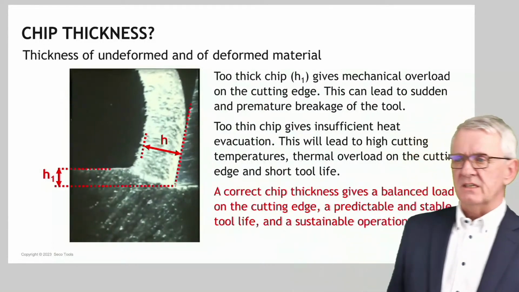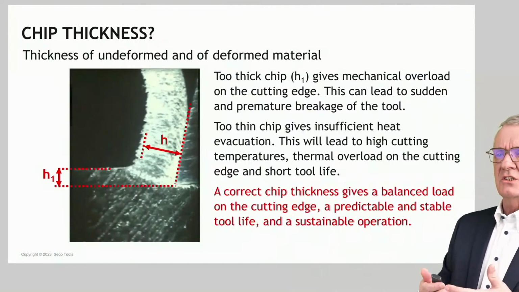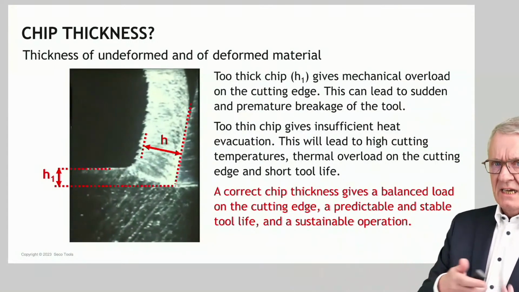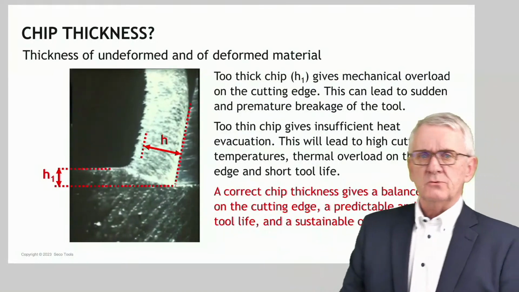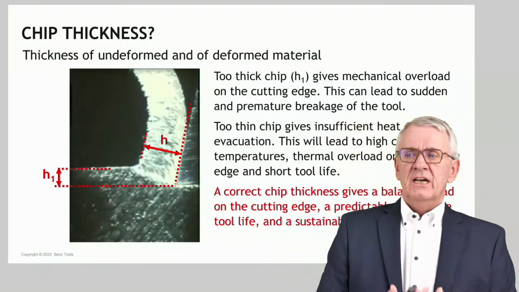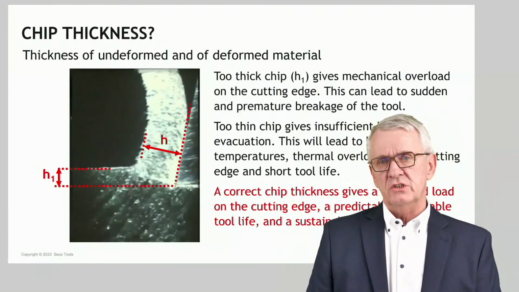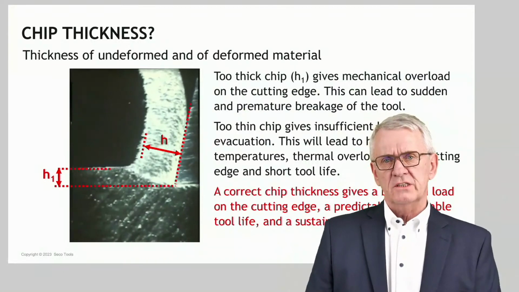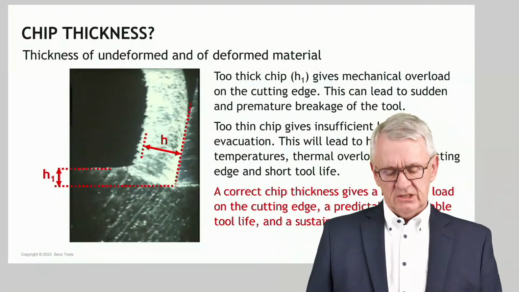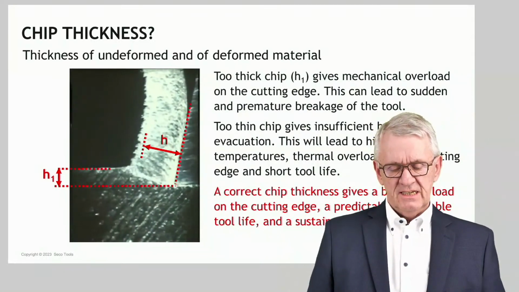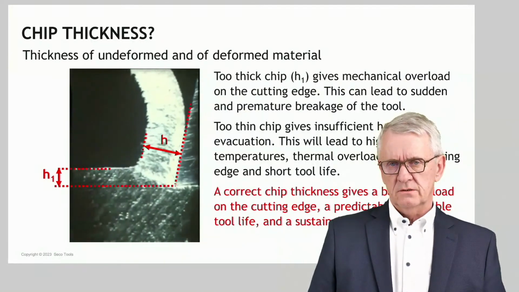So a correct chip thickness, not too thick, not too thin, gives us a balanced load, both mechanical and thermal, on the cutting edge, and that in its turn is what we need to have a predictable, a stable tool life, and that is what we need to have sustainable machining, that we control the thing, that we can predict what's going to happen. So chip thickness is in machining an important cutting condition.